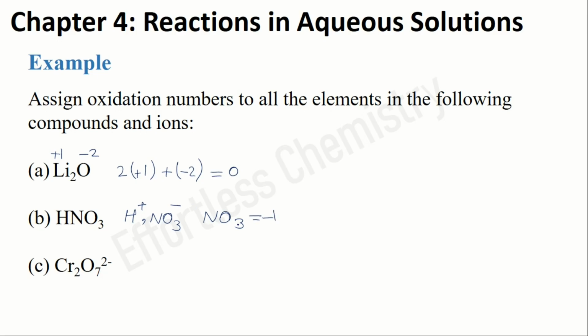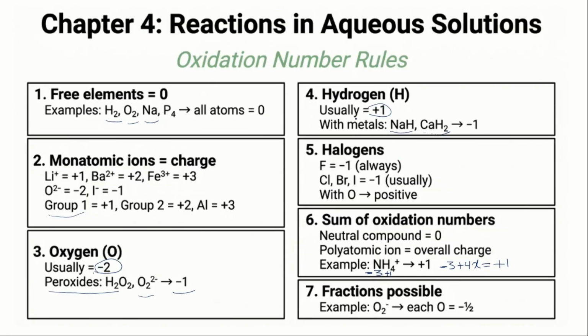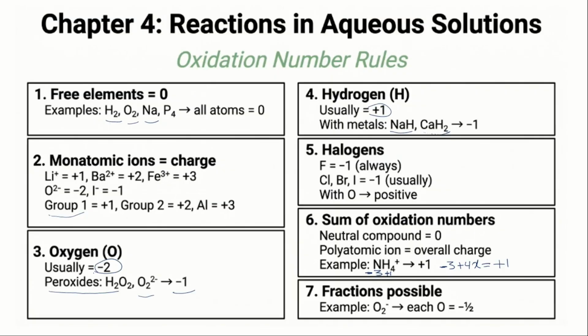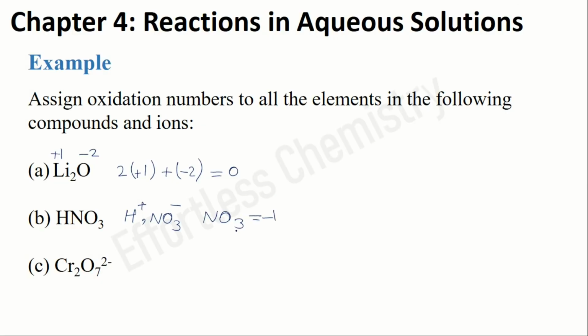If we want to find it for each of them, we have to know from rule number 4 here, for the hydrogen, the oxidation number is usually plus 1. And number 3 shows that for the oxygen the oxidation number is minus 2.